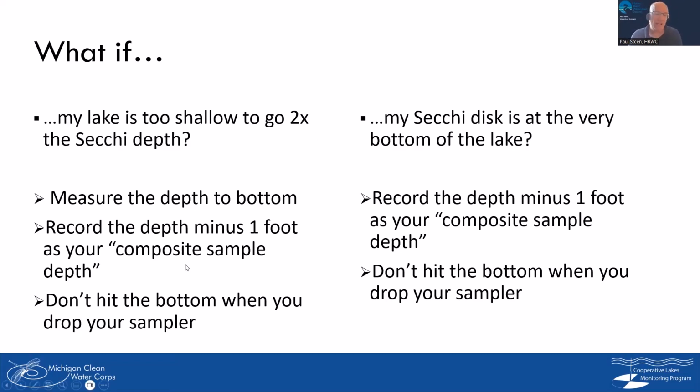So we never want to hit the bottom of the lake with our sampler. So you stop it a foot above, so that's not an issue. All right, and then still record the actual depth at which you're doing this, not twice the Secchi. It's what you're really actively measuring from.